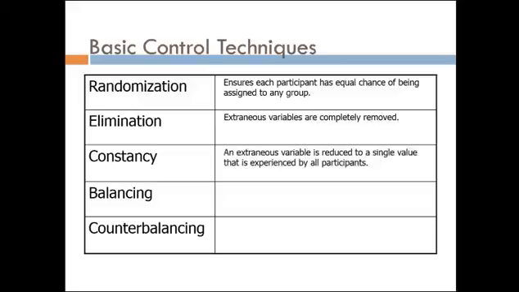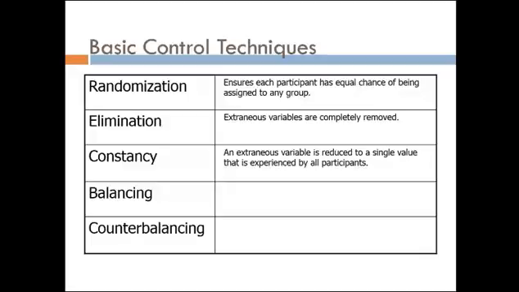Constancy. Reduce the extraneous variable to a single value that is experienced by all participants. So if you're worried that, for example, the time of day might play a role in the participant's performance, get rid of variability on time of day and say everybody's going to have to take the test at the same time.